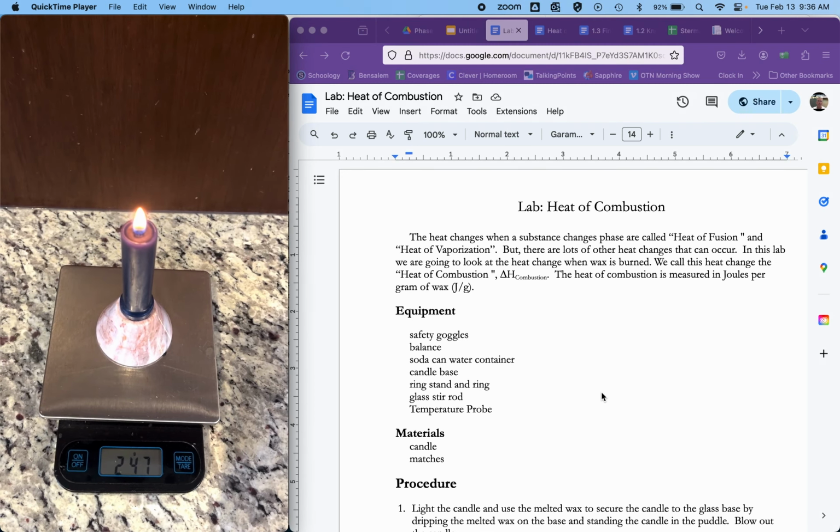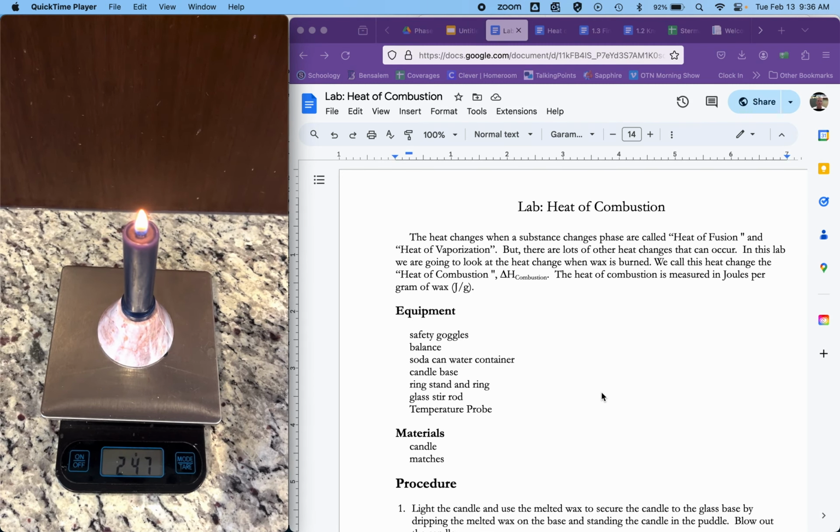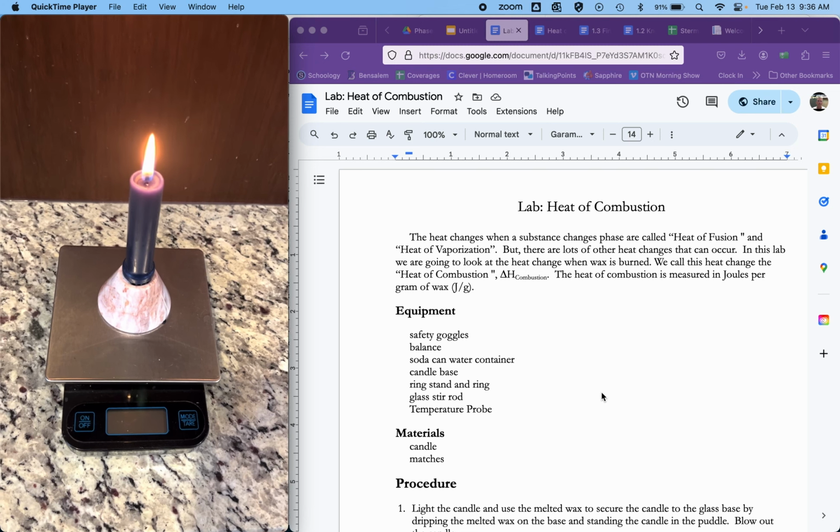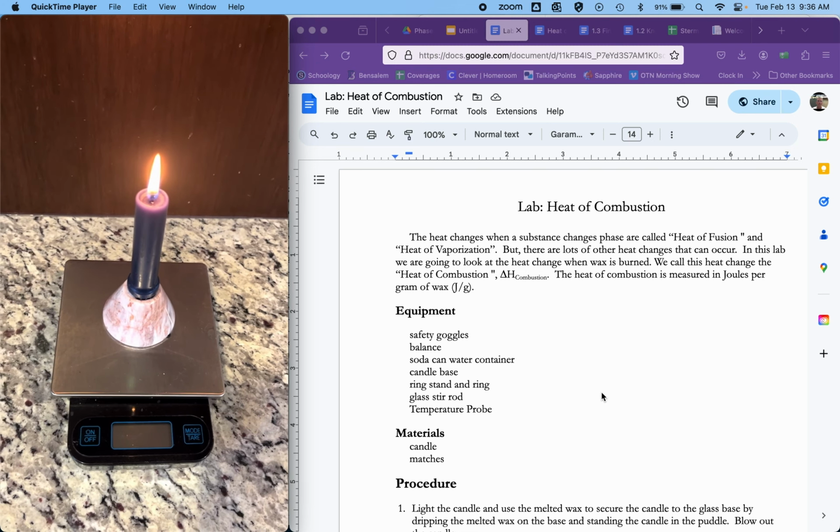Earlier in class, we learned that if something freezes or melts, there has to be a heat release. But in this case, what we have is a chemical reaction that is releasing the heat, and it's coming out of the chemicals themselves. So it won't be a heat of fusion or a heat of vaporization. It's going to be what we call a heat of combustion.